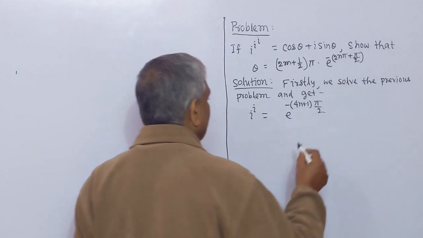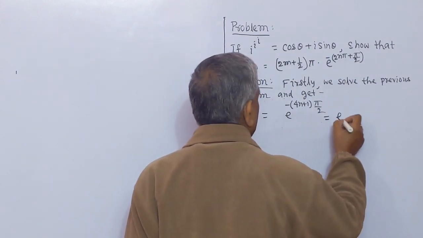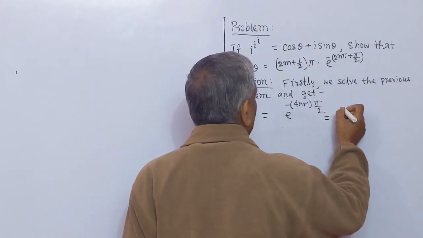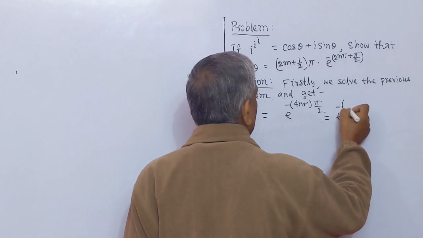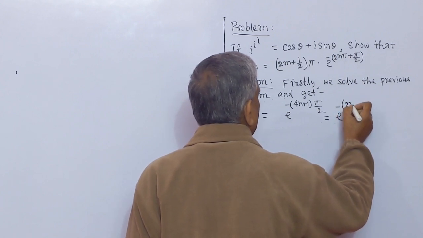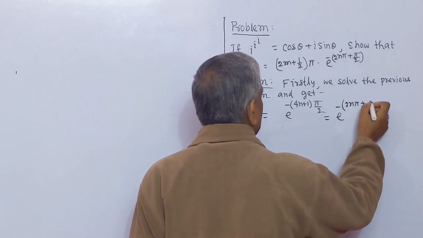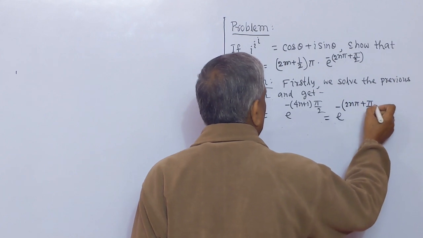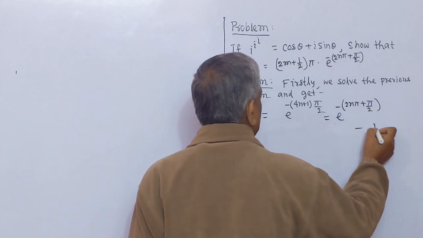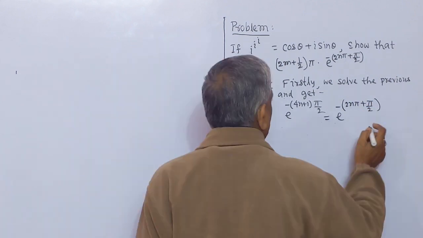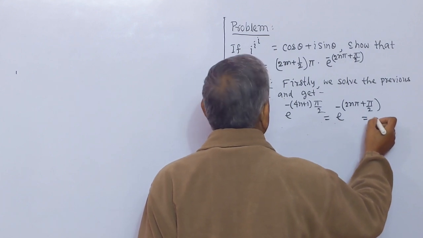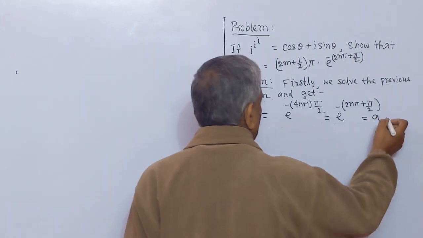We may write this as e to the power minus (2n pi plus pi by 2). Let this be number 1 here. Let this be equal to a.